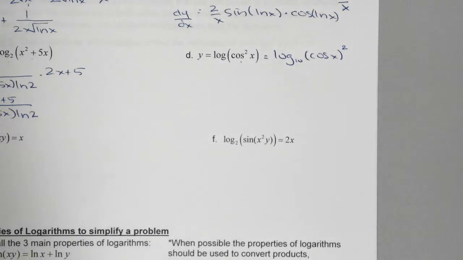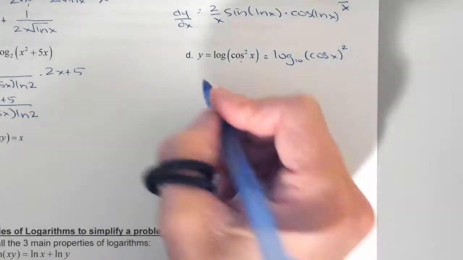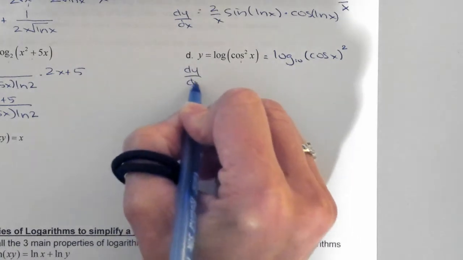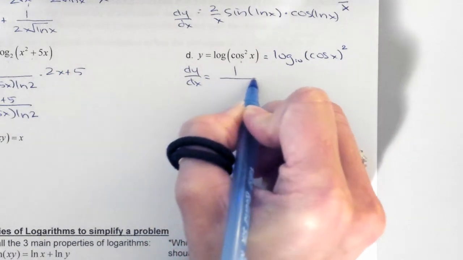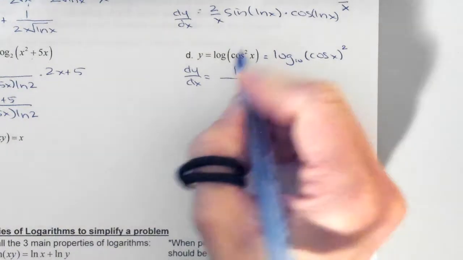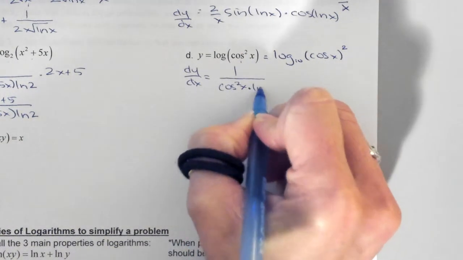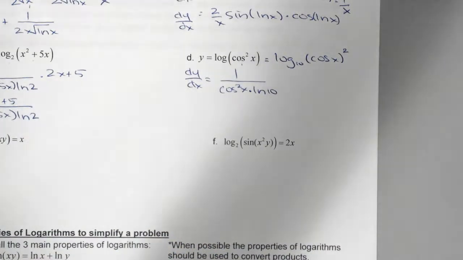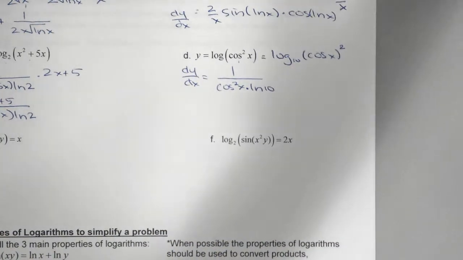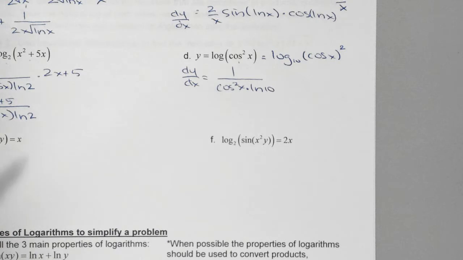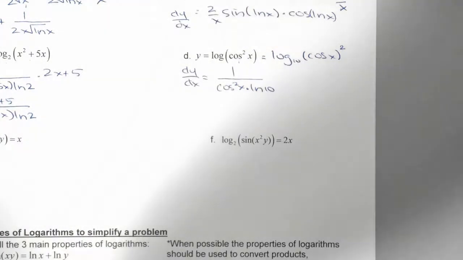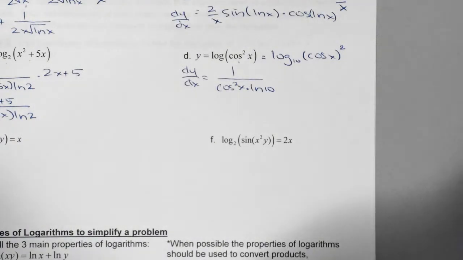I do. Okay, so the first part of this is going to be the derivative is 1 over, I'm going to put this cosine squared of x in the bottom, times the natural log of 10. That's just based on the rule, right? Then I actually have to take the derivative of the cosine of x squared.